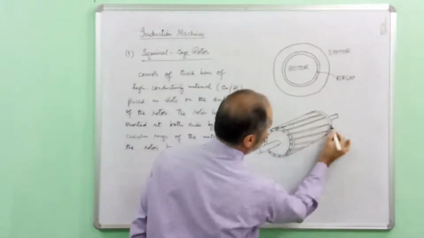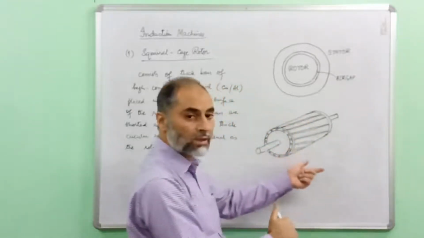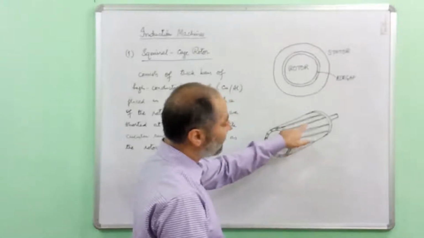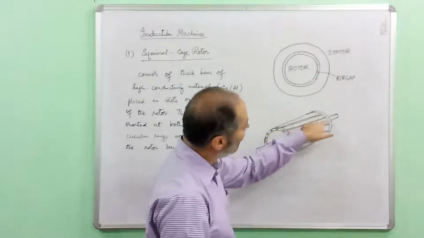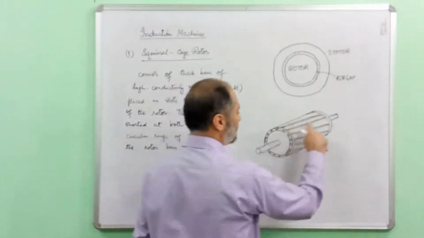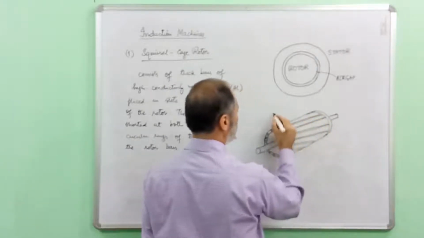If you look from the surface of the rotor, you cannot see the bars themselves, but the bars are inside, and only small openings of the slots can be seen. So these are the rotor bars here.